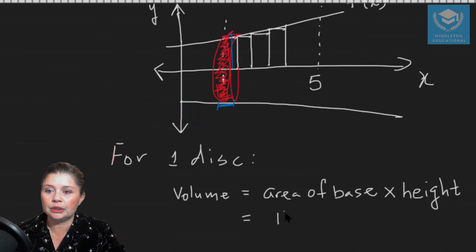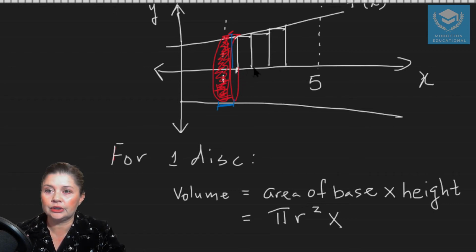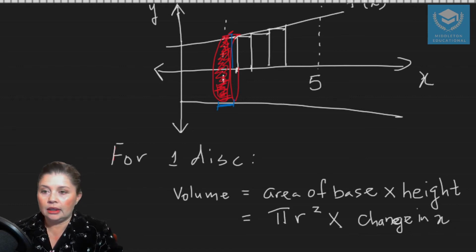So it's going to be pi r squared times the height here, which is essentially the change in your x value, right? Because it's going to be this value here. So I'm going to write it out and say change in x. And that is going to be v.